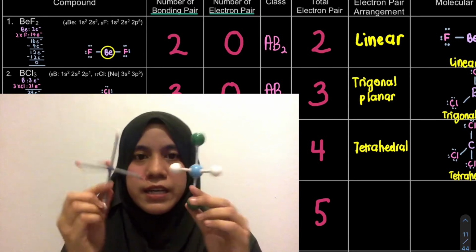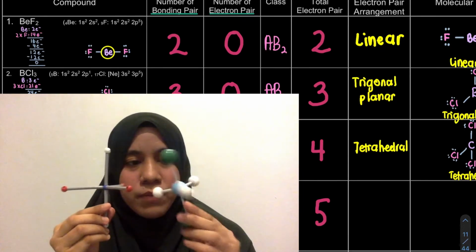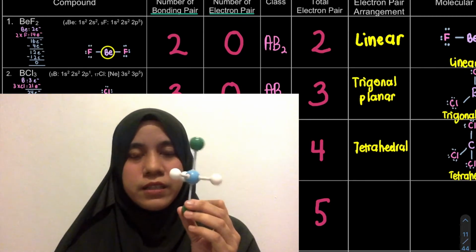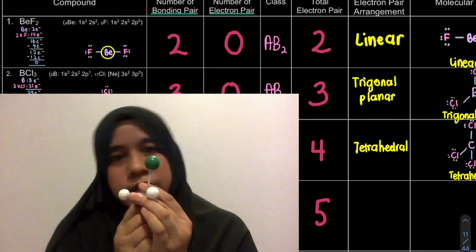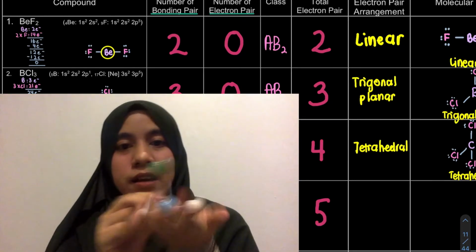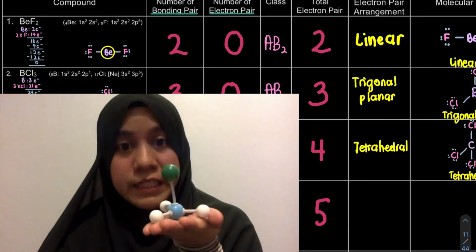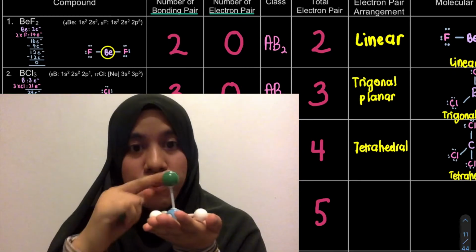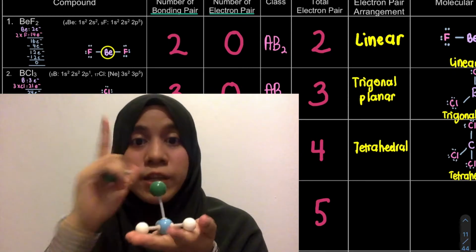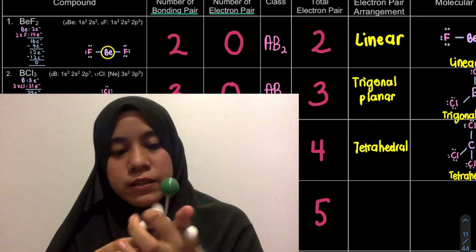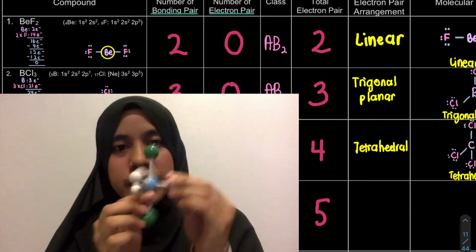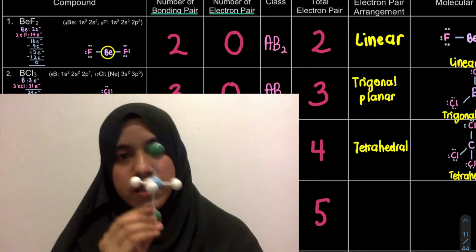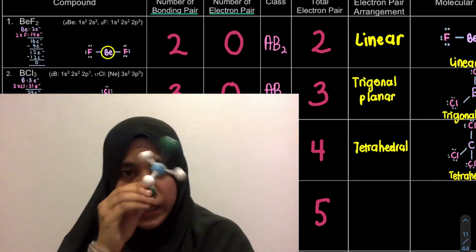Why trigonal? Sebab base dia ni trigonal, base ni ada 3. Bipyramidal, kenapa? Kamu assume kat sini kita boleh form piramid. So, kita baru ada satu piramid. Tapi kalau kat bawah ni, tambah lagi satu piramid. So, that's why we call it as trigonal bipyramidal. So, dia ada 2 atas bawah. Lepas tu dia ada 3 yang ini.